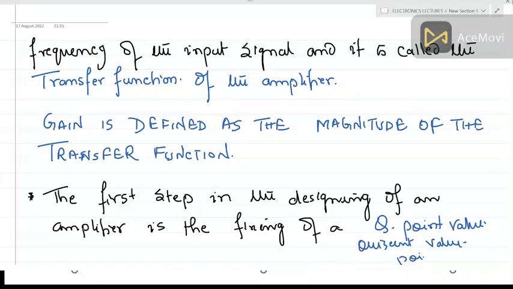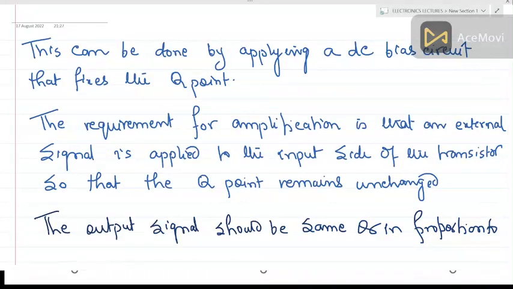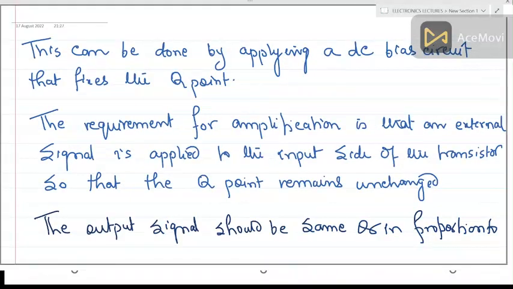Quiescent point means at these coordinates VCE and IC, collector current and collector emitter voltage, this should remain static and it should lie at the midpoint of the DC load line. We will discuss the AC load line shortly. First you have to understand these basic concepts. Now how can you fix the DC bias or the Q point?